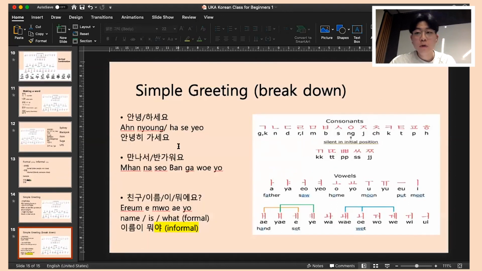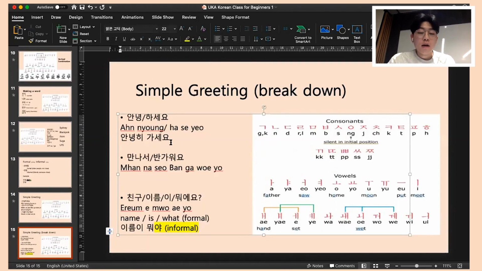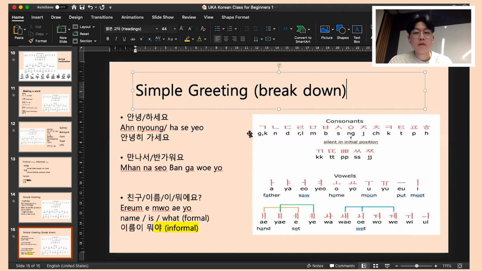So when someone's going away, please be well and go, so when you're going, please be well. I think that's how you can translate it.